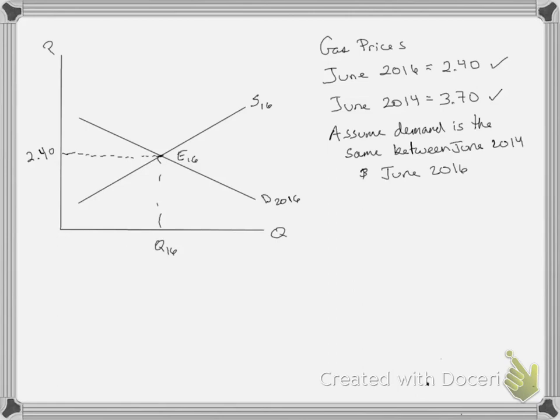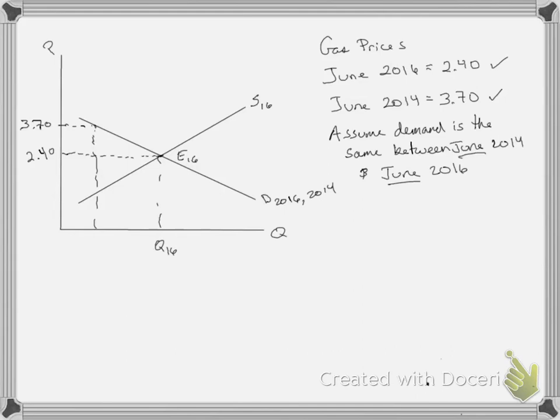Okay, if demand is the same between 2016 and 2014, because we're just looking at June, right, we've got a higher price, $3.70, but that $3.70 price is going to be the equilibrium on that original demand curve. So this demand curve is also associated with 2014.